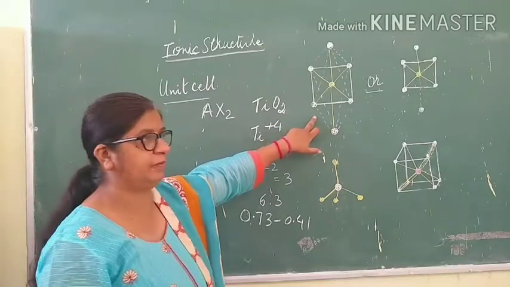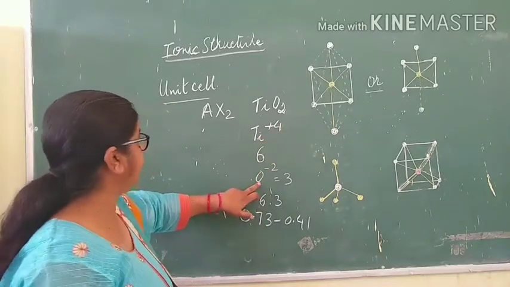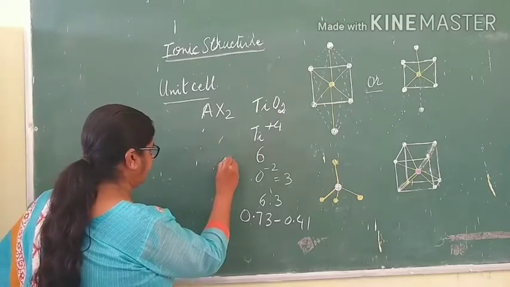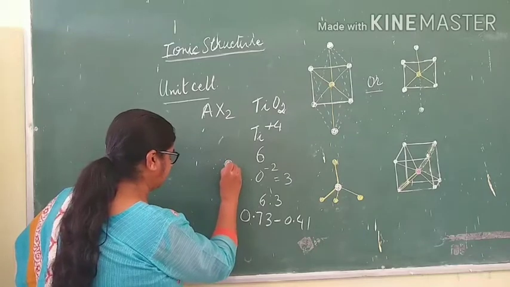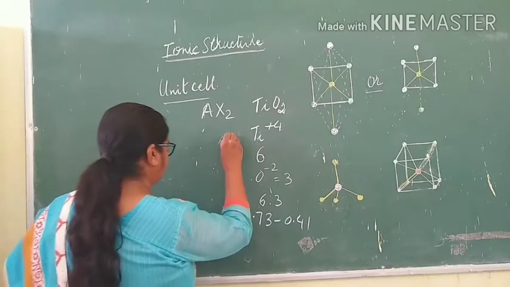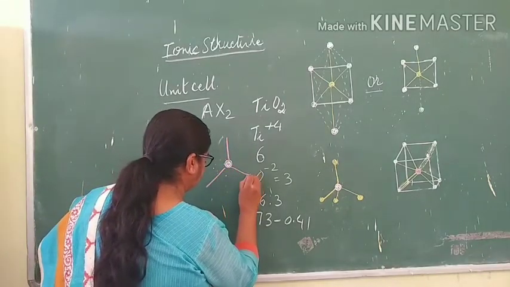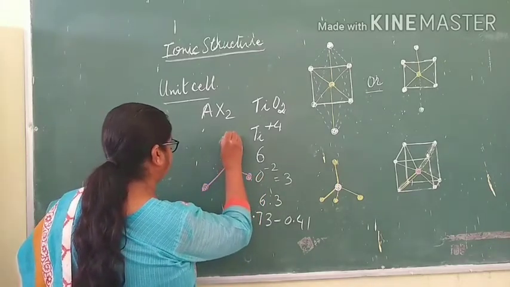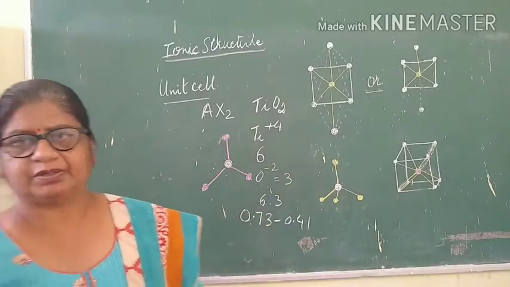The titanium will be in the octahedral position, and for the oxide ion, we will have a planar type of structure. That is, an oxide ion is here, and it is surrounded by 3 titanium ions. So we will have a planar structure for the compounds.